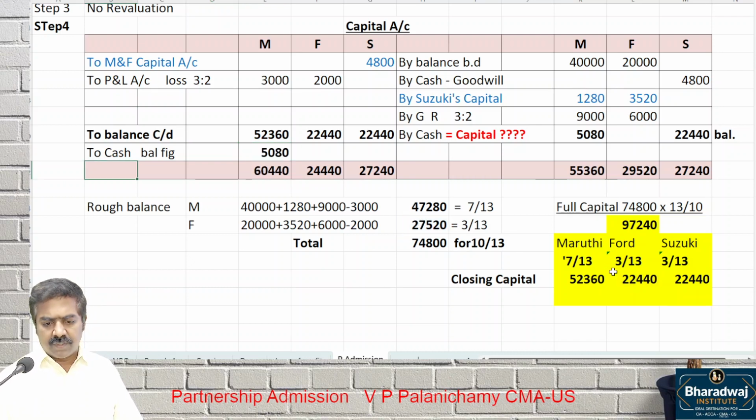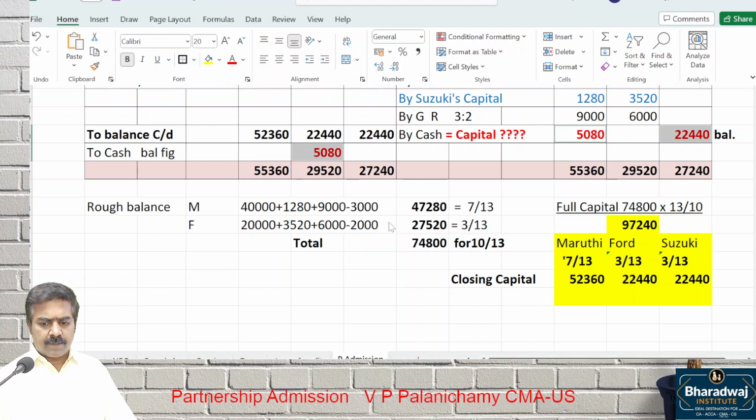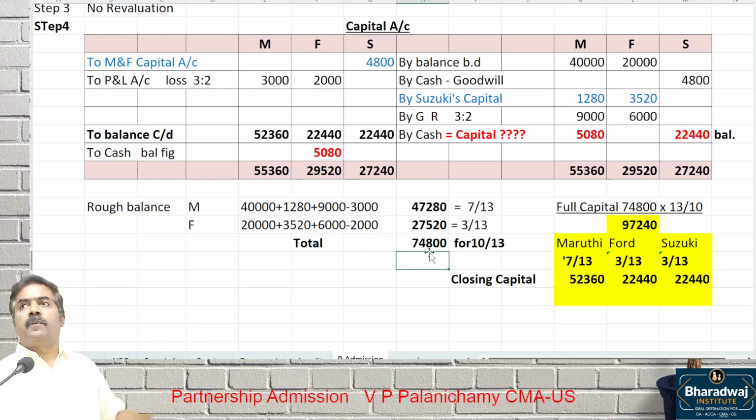No. 27,520 he has, but required is only 22,440. Now the surplus will be taken back, or you can just take this as a balancing figure. These amounts are which ones? Balancing figures. Why are we not opening a current account in this question? It is not mentioned in the question. So surplus you pay back, shortage you bring in.